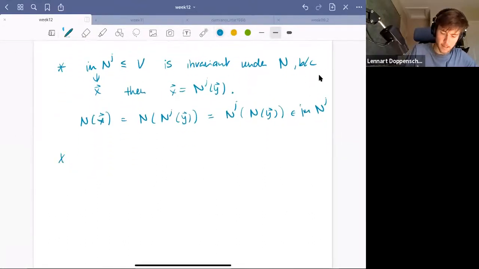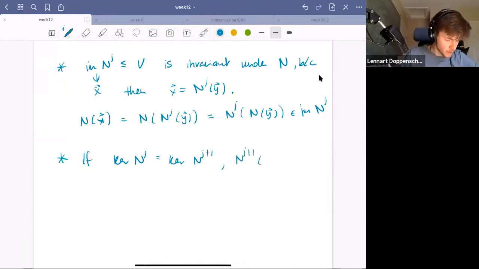So now the next step in this contradiction is to show that, if the kernel of n to the j is the kernel of n to the j plus 1, this means n to the j plus 1 of some vector x equals 0 if and only if n to the j of this vector x equals 0.